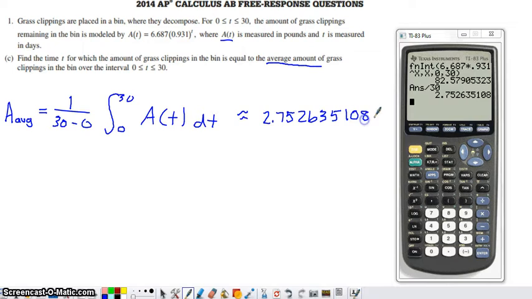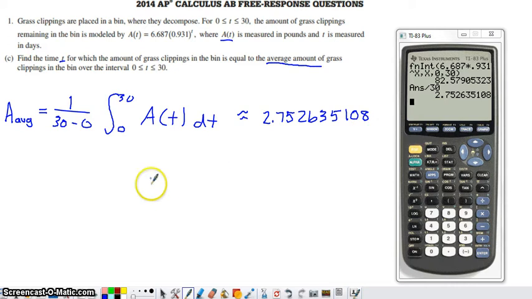Now the reason why I've taken all of the digits of accuracy that the calculator provided me, and not just rounded it to the third digit, is that this is an intermediate calculation. We want to find the time t when the amount of grass in the bin equals this average. So since this is an intermediate calculation, I just wanted to make sure I didn't round anything off in the middle of the problem and lose some accuracy with my third digit beyond the decimal as a result of that.